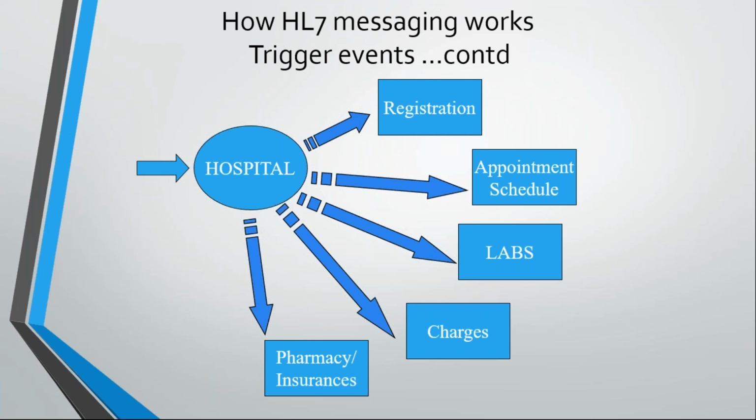There are also pharmacy related message types, a few query response related message types, and immunization related message types. There are many other message types as well, but this is the basic and generic stuff which covers almost 70-75% of the implementations out there.